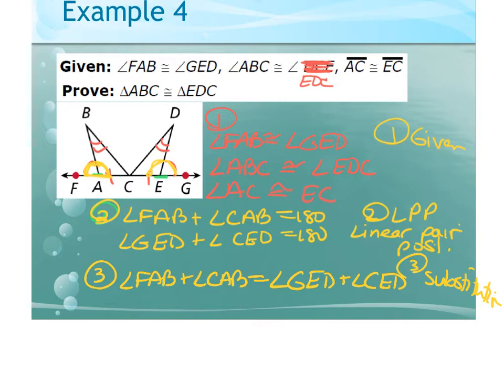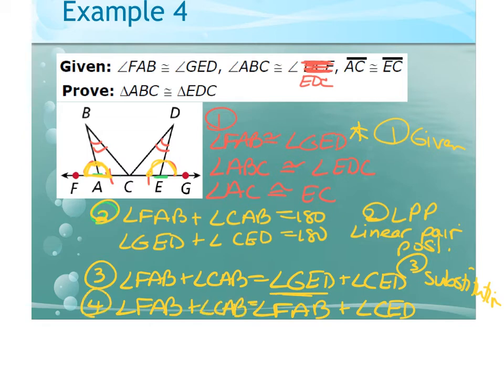Next, I'm going to go back up to what I was given up here, or the FAB, sorry. I'm going to go to the very first given, and I'm going to take out this GED and put in FAB. Everything else I'm rewriting. Because my next step after this, I'm going to use the subtraction property of equality, and I'm going to subtract out the FABs.